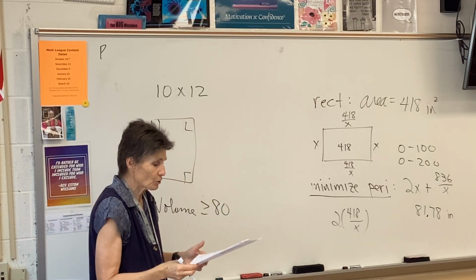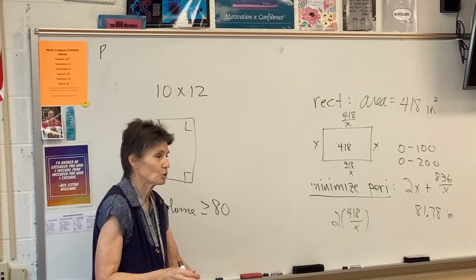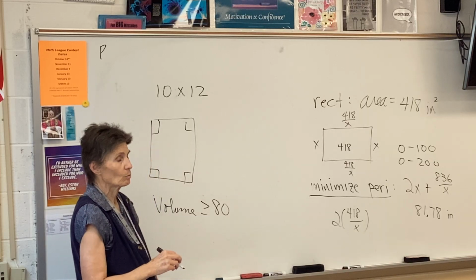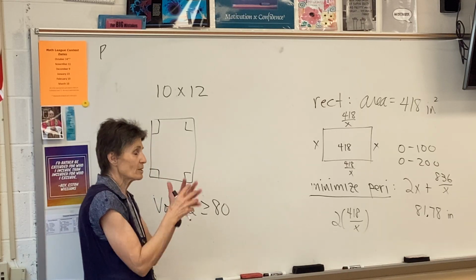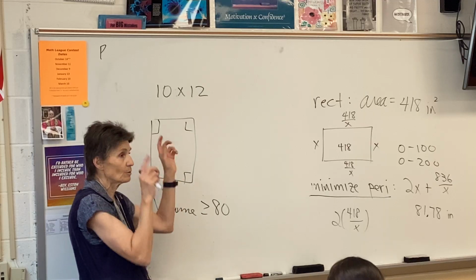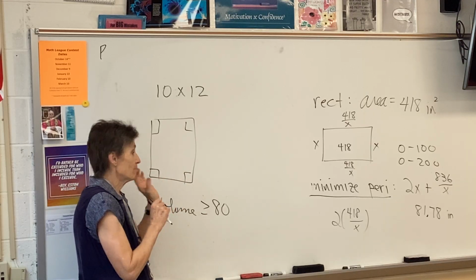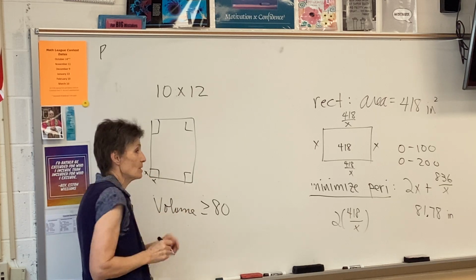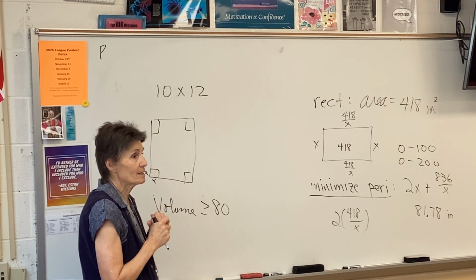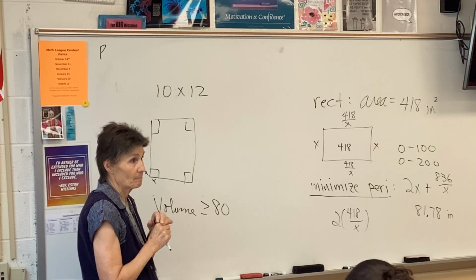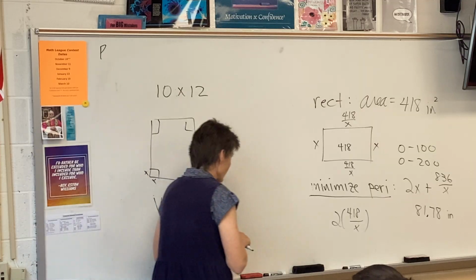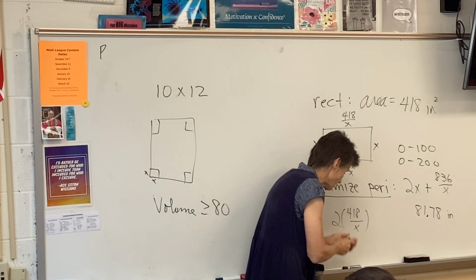In other words, the volume is greater than or equal to 80. Find x so that the volume is at least 80. That's your job. Get started on that while I hand out some papers.